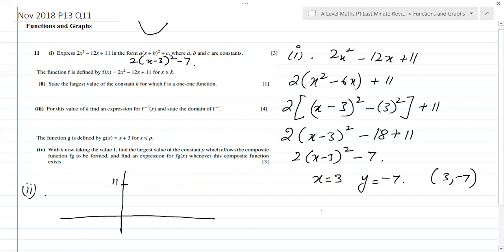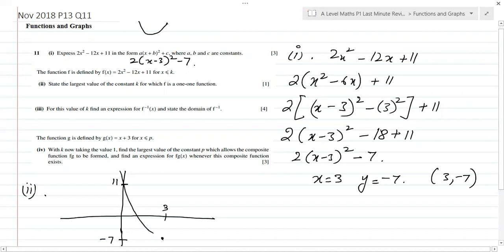And 3 comma negative 7 would be, let's suppose, right over here. So we can have this as negative 7, and we can have this as 3. So we draw a curve passing through this, like this. So that's our curve.